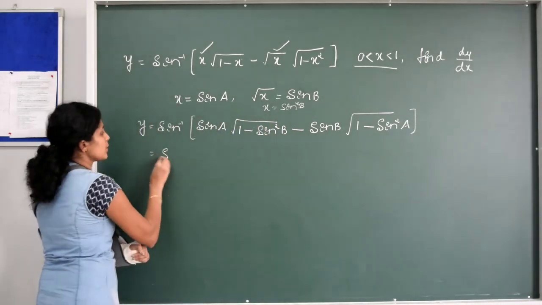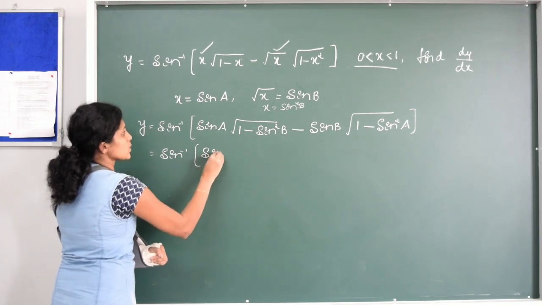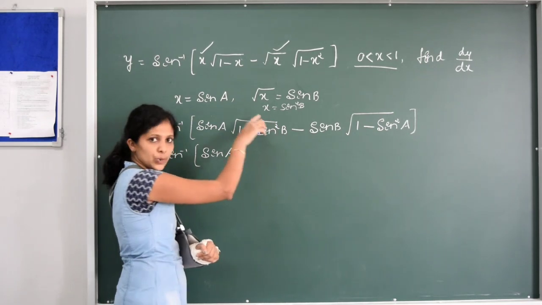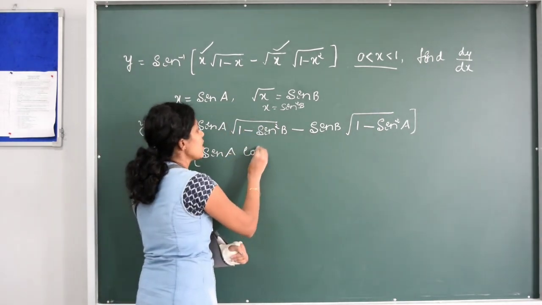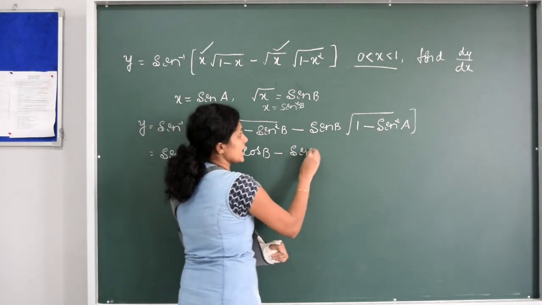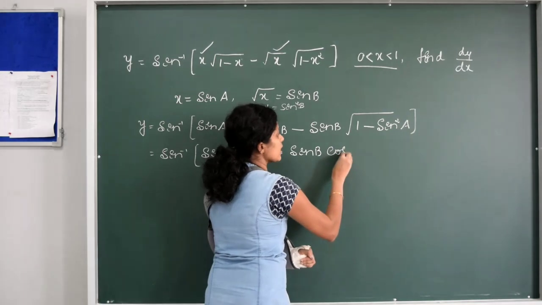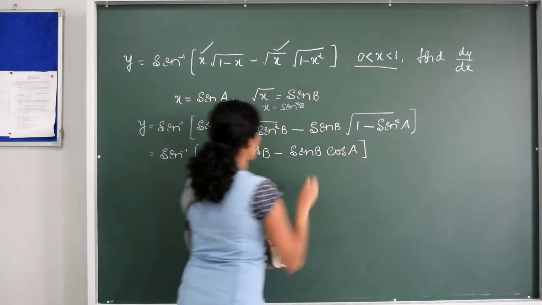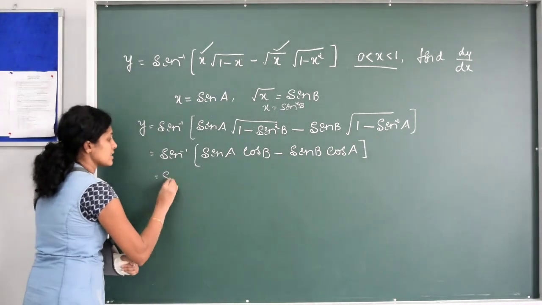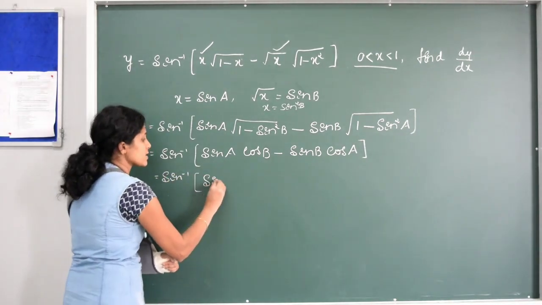So this is equal to sin inverse of sin a into, what is root of 1 minus sin square a? It will be cos a, minus sin b into root of 1 minus sin square, which will be cos a. Now it's of the form, you can see, sin a cos b minus sin b cos a. So we can write this as sin inverse of sin of a minus b, right?